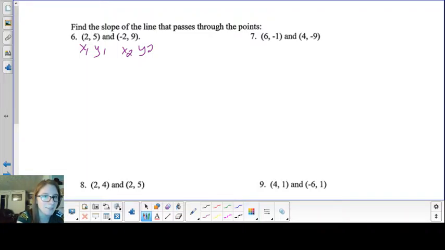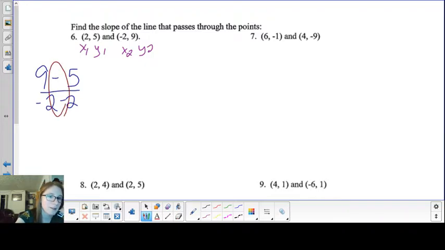So I have 9 minus 5 over negative 2 minus 2. And yes, it will always be minus here. You will see at some point in time when that won't be negative.